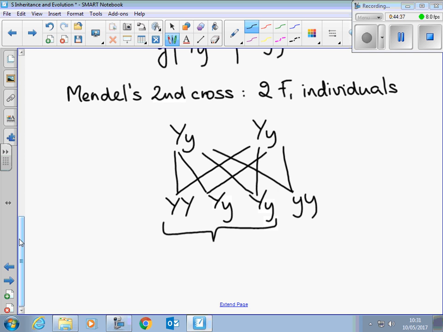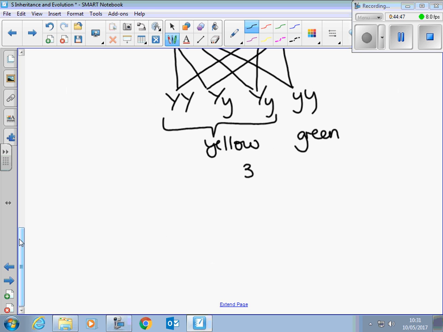So these are yellow. That one's green. And so it's 3:1. And that there is known as the Mendelian ratio. Three to 1, okay, which is what you get if you cross two heterozygous individuals.